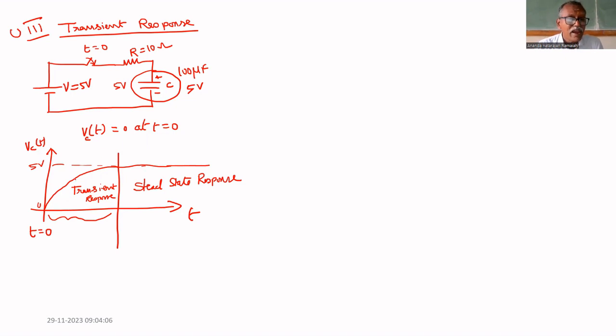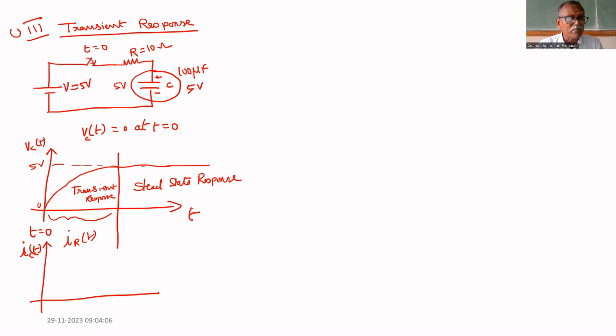When t equal to 0, the switch is closed and the voltage increases. What happens to current? If you plot the current IC of t, capacitor current or resistor current, both ways you can say IR of t, because both are in series.